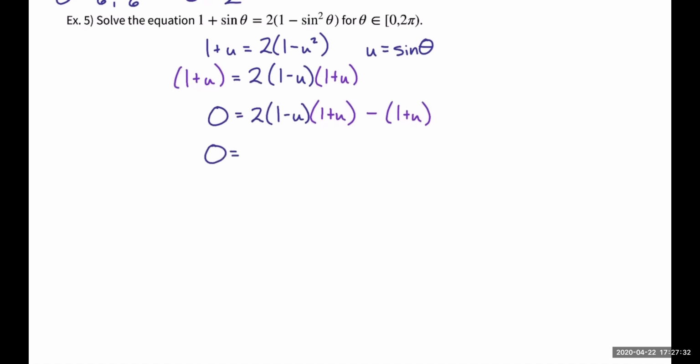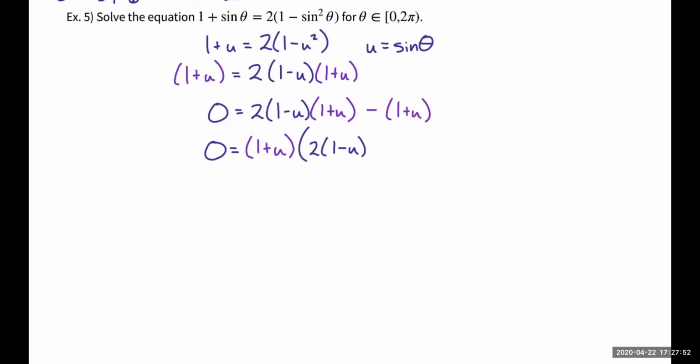Right, 0 is equal to, and we'll make it purple here, that 1 plus u. And then that leaves behind in the first term our 2 times 1 minus u. And then factoring out our 1 plus u from this negative 1 plus u is going to leave behind a -1.